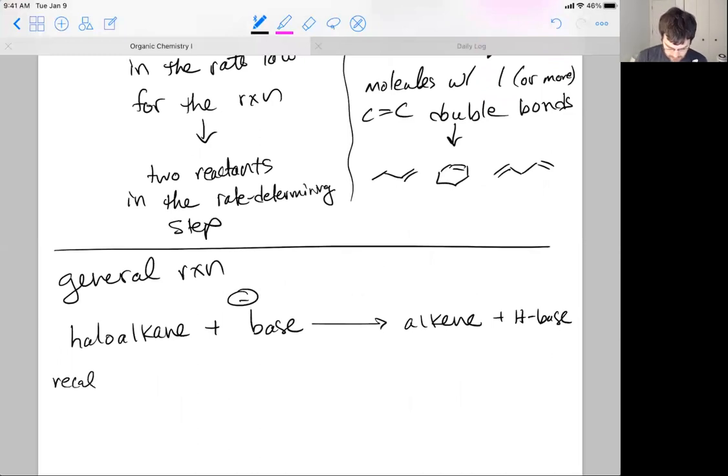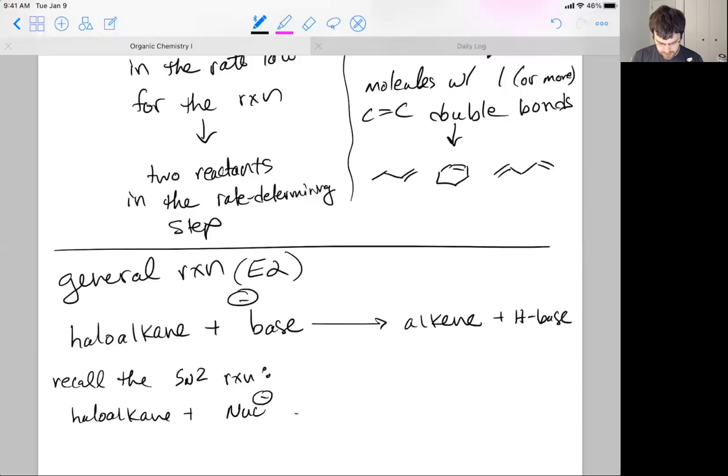Recall the SN2 reaction: haloalkane plus nuke minus gives rise to a substitution product plus a salt. In a lot of ways, the E2 reaction looks like the SN2 reaction, with similarities that are useful to consider.